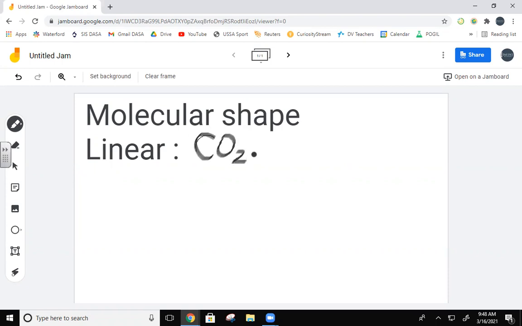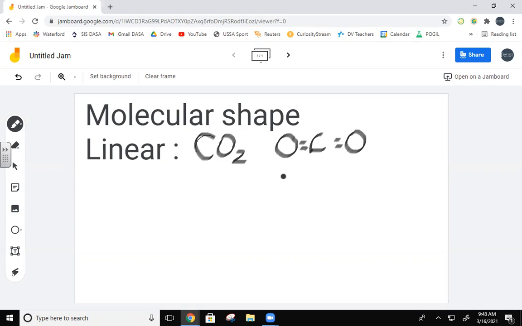Okay? When we look at the shape of CO2, we have a carbon in the middle, and then on both sides you have oxygen that is double bonded. And it makes just a nice little line.